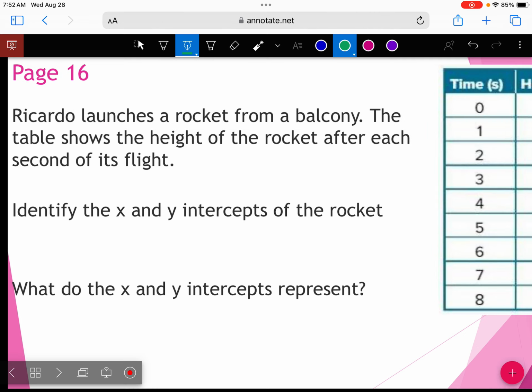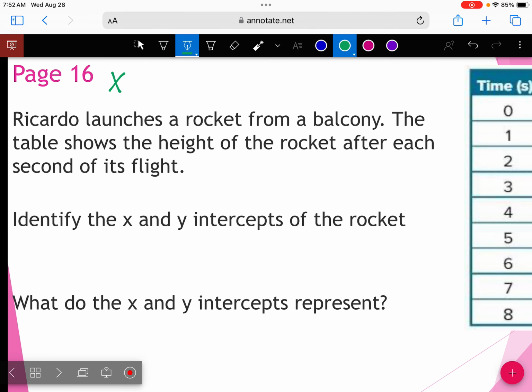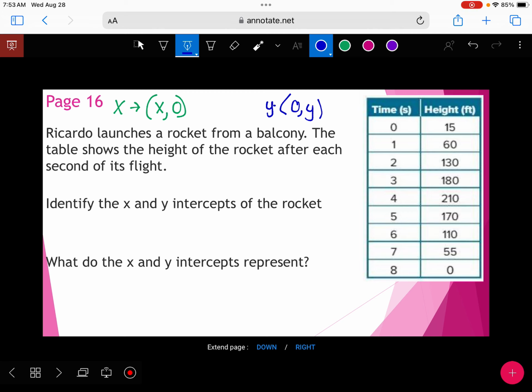So think back to our definition. Remember, our x-intercepts happen at x, 0. And our y-intercepts happen at 0, y. So I agree. Definitely 8 is going to be something because 8 has a 0 with it. 0, 15 is y.